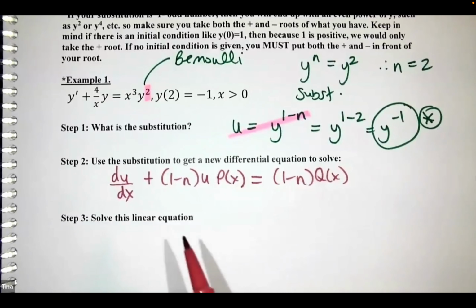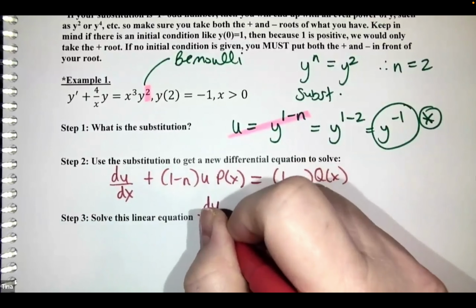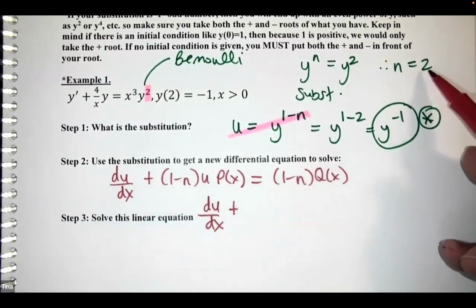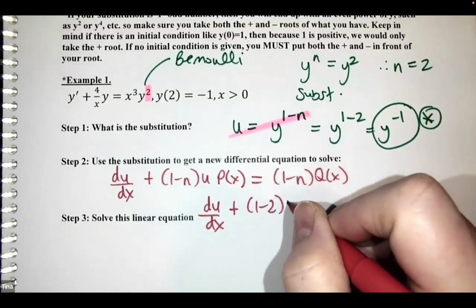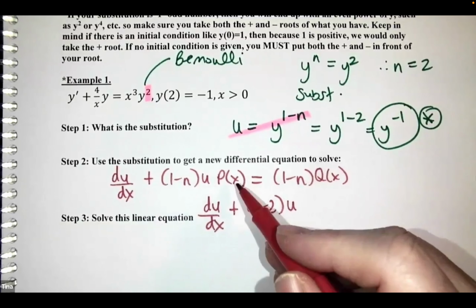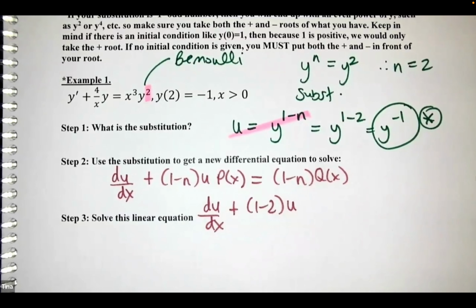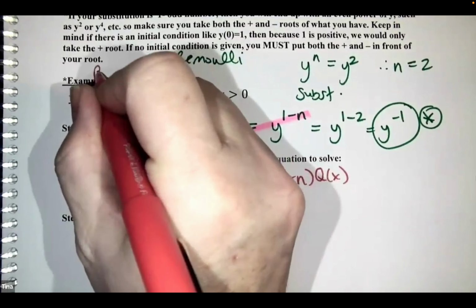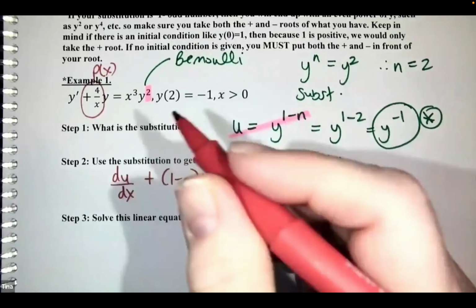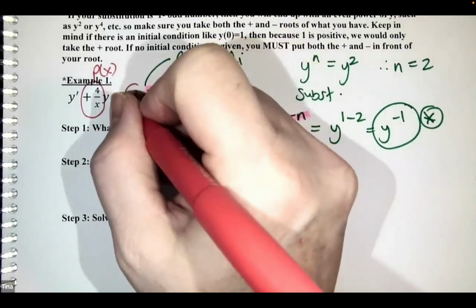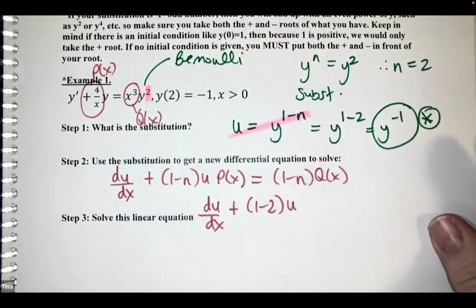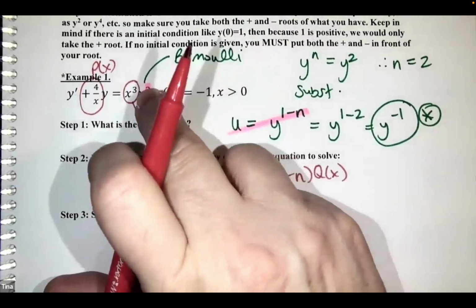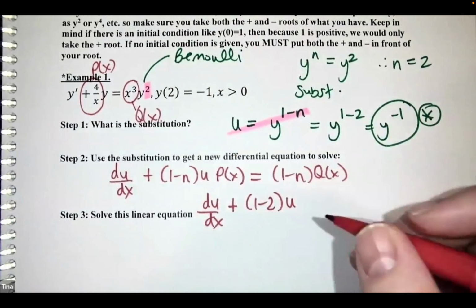So I'm going to have du by dx plus, n is 2, so 1 minus 2 times u times p of x. Well, p of x is the same as it was before, what's in front of the y. And q of x is what's on the right, but not including the part with the y. So just the normal q of x, like if you didn't have this.